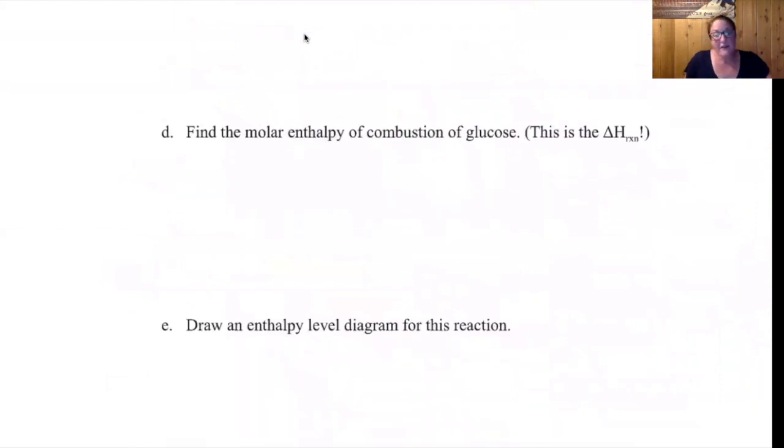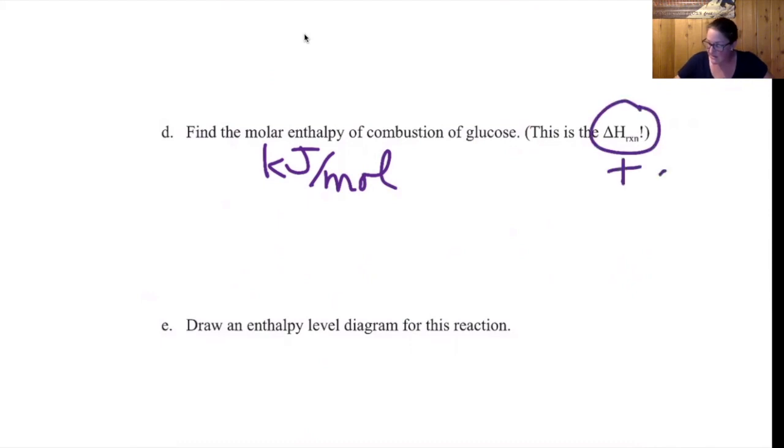Okay, we want to find the molar enthalpy of combustion. Molar enthalpy of combustion is defined as the energy change for 1 mole. So the units that we're looking for is kilojoules over moles. I also want to make sure when it's delta H reaction that I consider whether it's supposed to be positive or negative. So we already know that the kilojoules is 121 kilojoules.